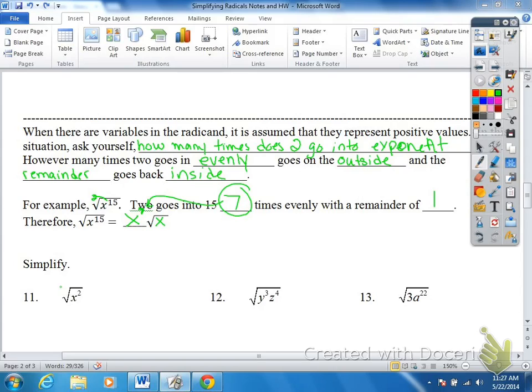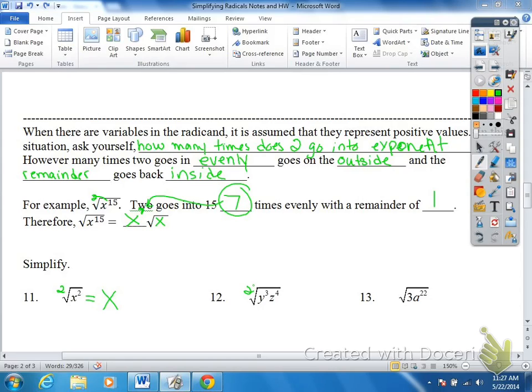So number 11 here. 2 goes into x squared just one time, and it goes in completely evenly, which means the square root symbol is completely gone, and this would simply be x. The square root of x squared is just an x, because 2 goes into 2 one time, no remainder.